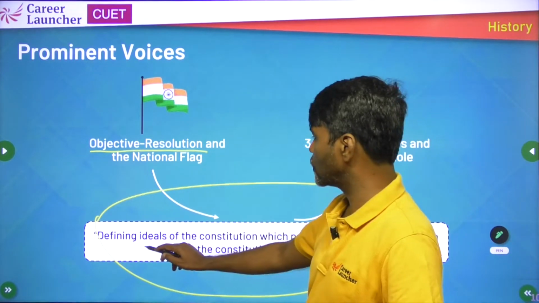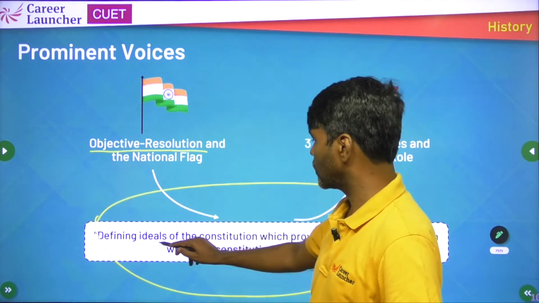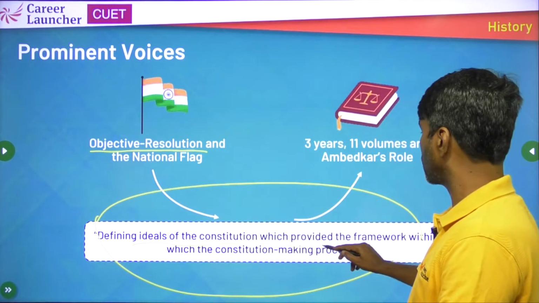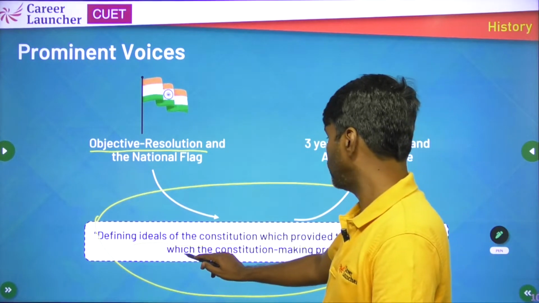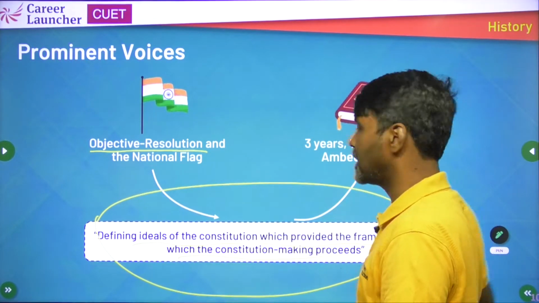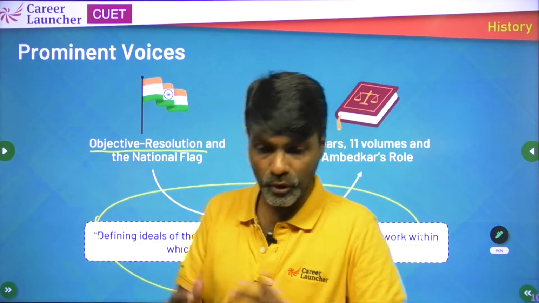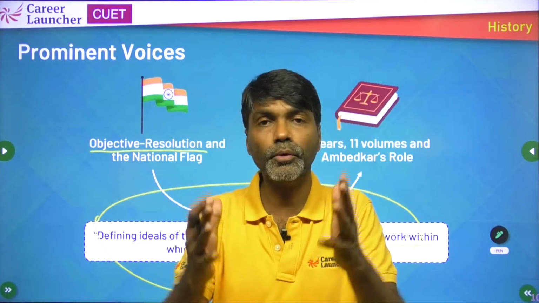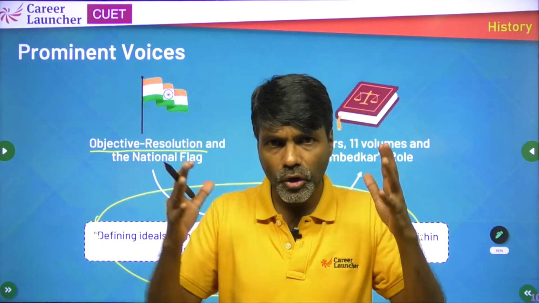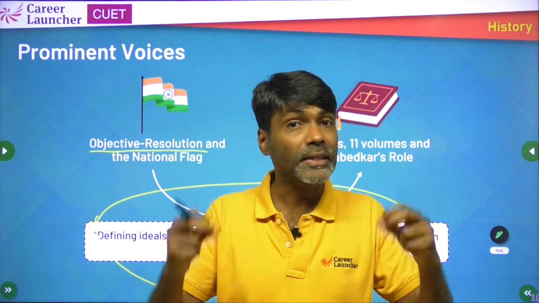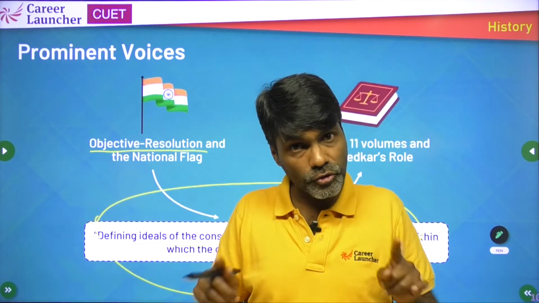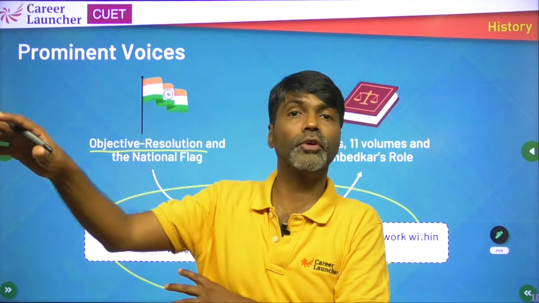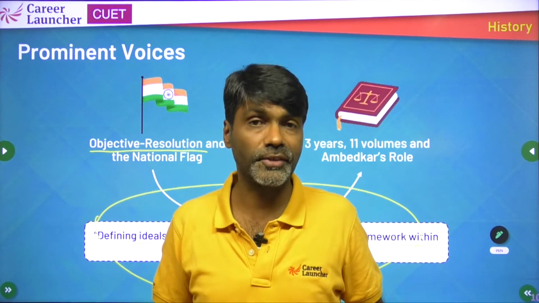The objectives resolution was to frame the defining ideals of the Constitution, which provided the framework within which the constitution making will proceed. So all the 300 people had to sign off on the resolution for the framing of the constitution, and what its outcome would be. Because you are not writing rules to rule the country for the next 100 years. You are framing the constitution which provides the framework for future governance of the country.